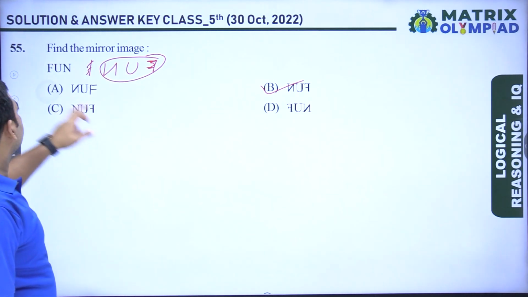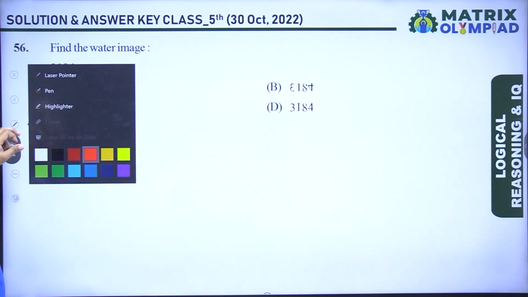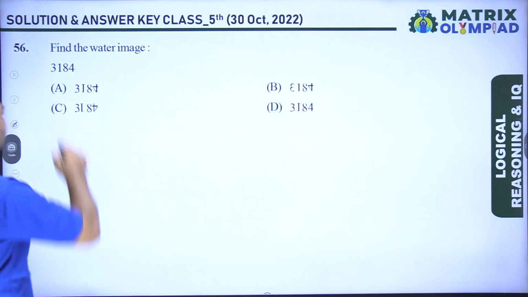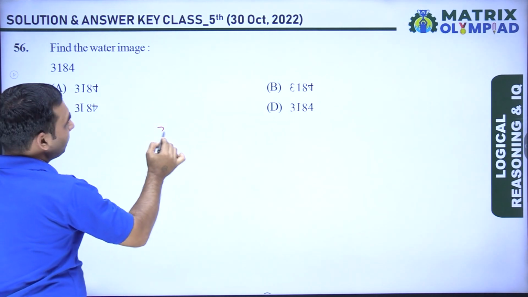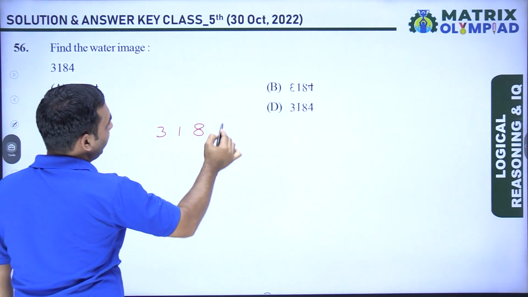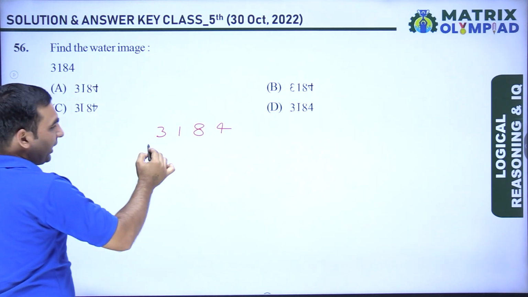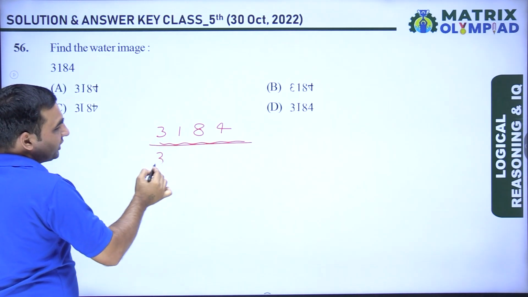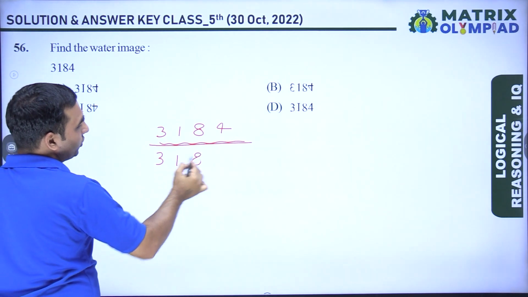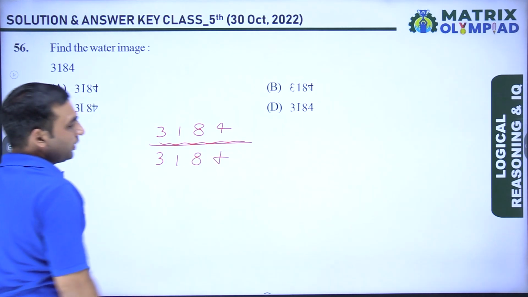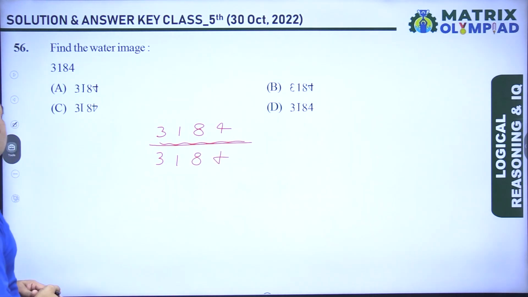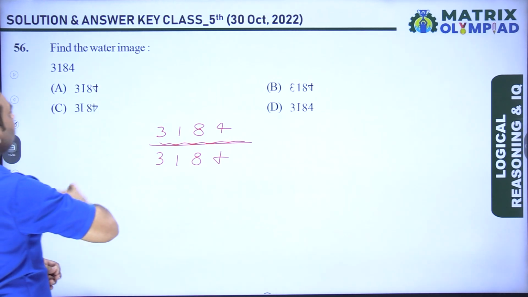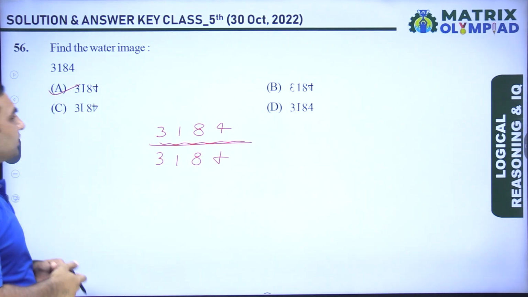Next question is find the water image of 3184. If we see the water image of 3184, then 3 is reversed, 1 and 8 are the same, this way, and 4 is reversed this way. Our answer is option A, the correct answer.